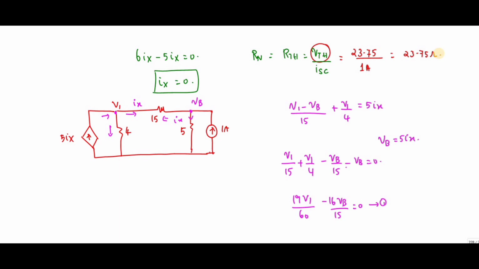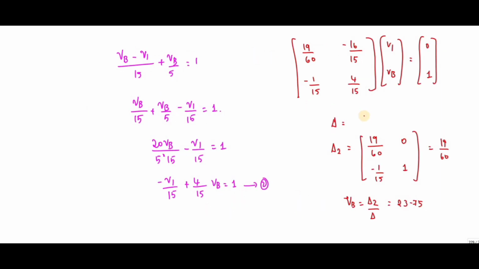So the Norton's equivalent resistance of the circuit is 23.75.